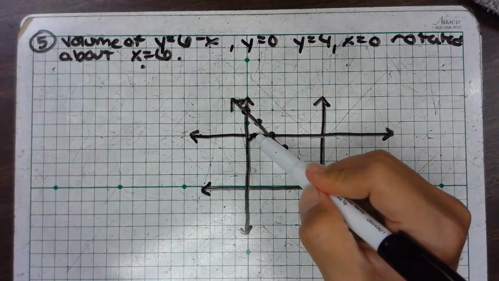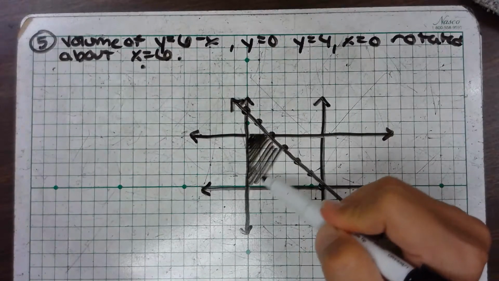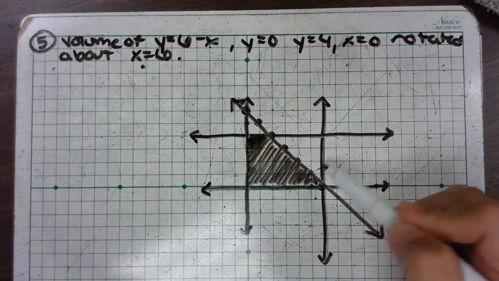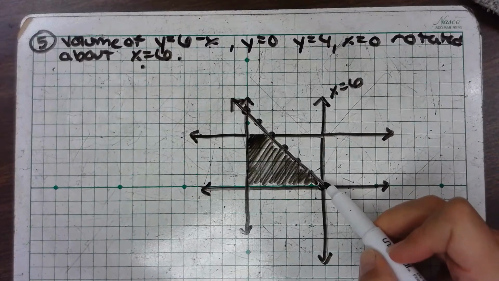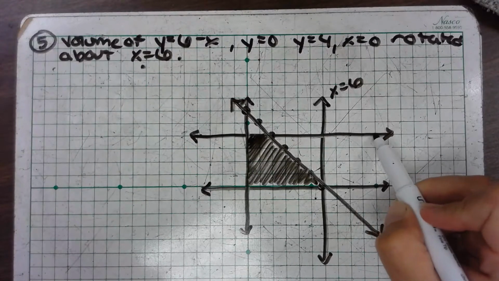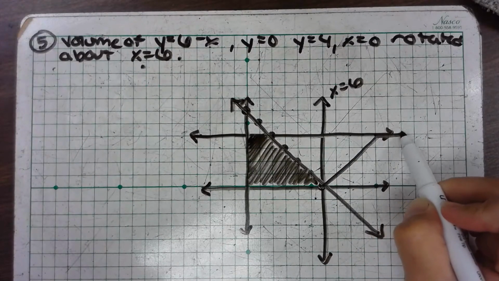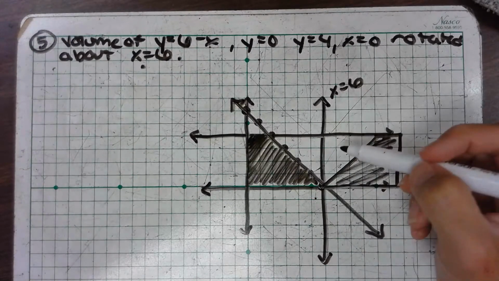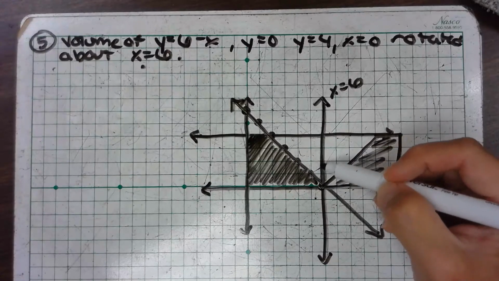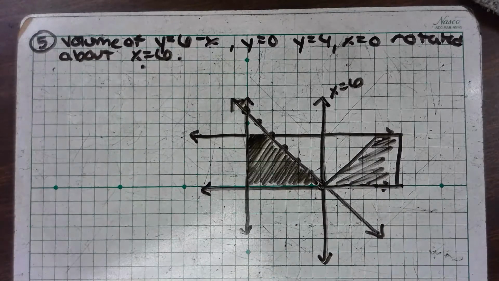Okay, and I'm taking this shape right here, and I'm rotating it about this line, x equals 6. So therefore, what's happening is I've got this shape right here, and I'm revolving it, and look, it doesn't touch this entire axis right here, so therefore it's a washer.